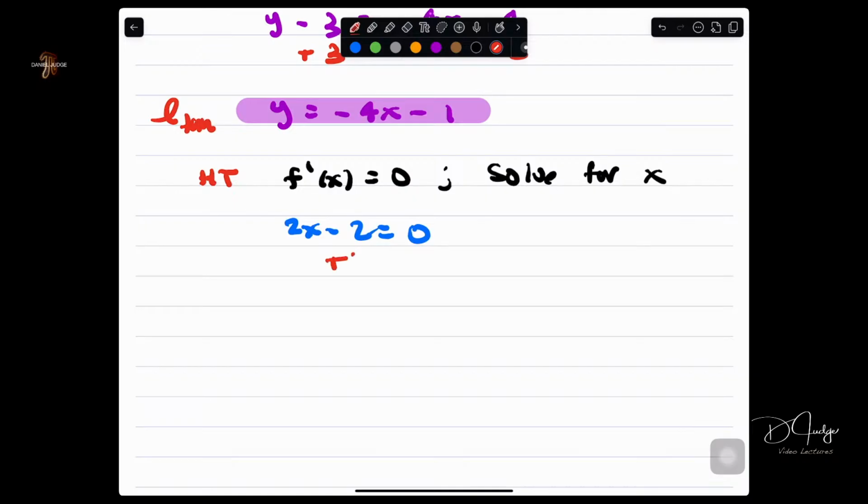Add 2 to both sides. You get 2x equals 2. Divide both sides by 2, and now you get x is 1.